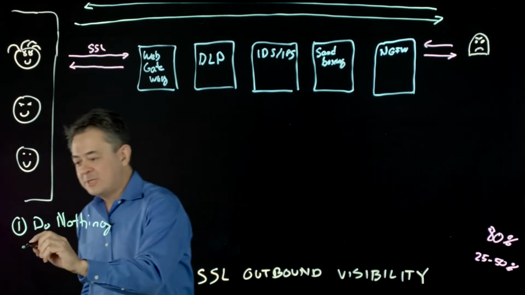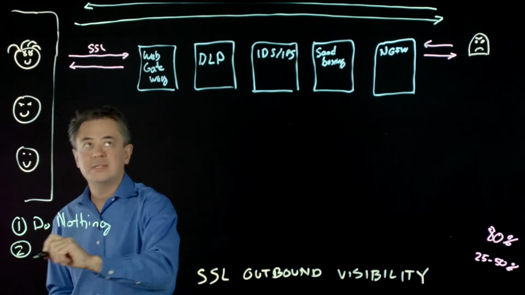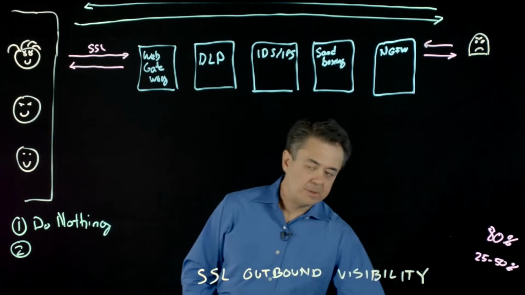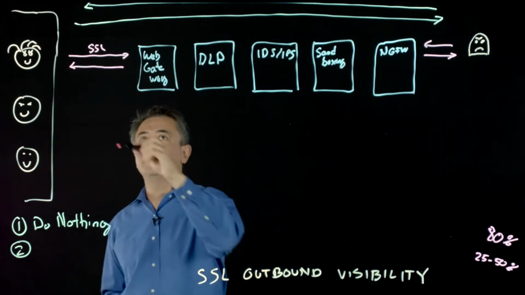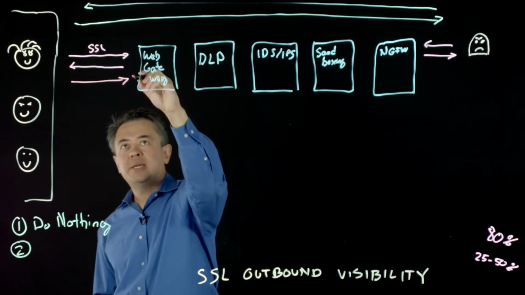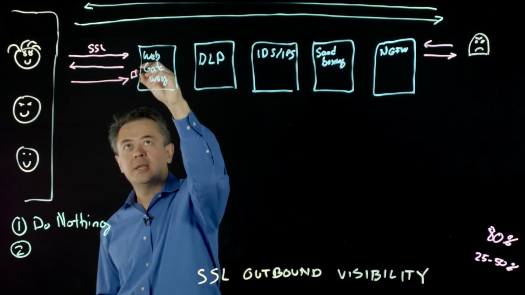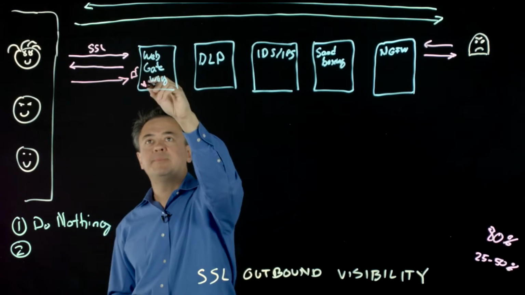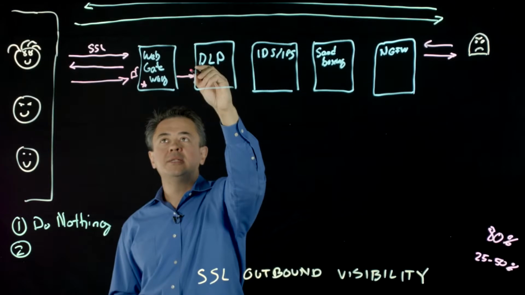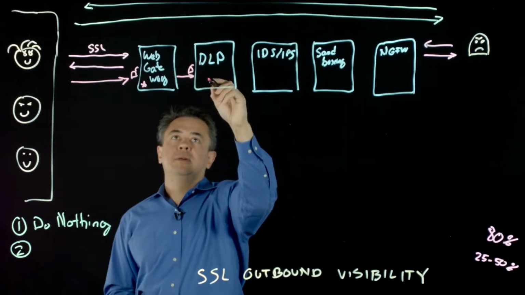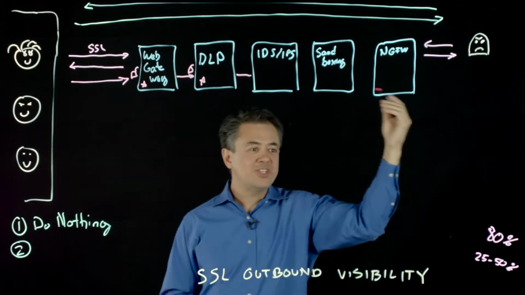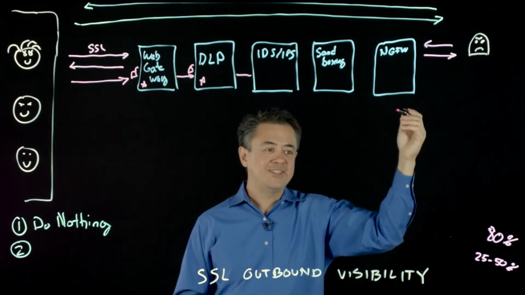What's the second option? Well, in theory, for the devices that do support decryption, let's say you had a web gateway that did, you could decrypt it here. There's a little unlock, right? Inspect it, re-encrypt it, send it over to the DLP, decrypt it, inspect it, re-encrypt it, send it over to, I'm not even going to finish that because nobody does this.